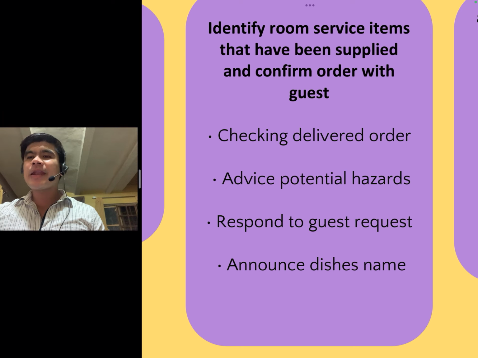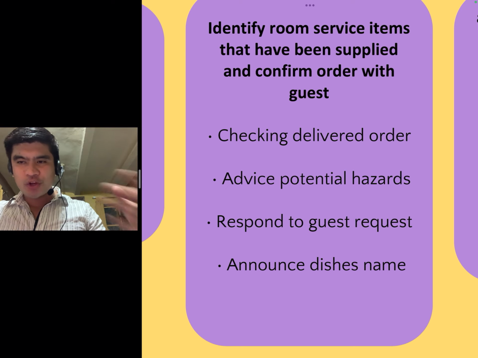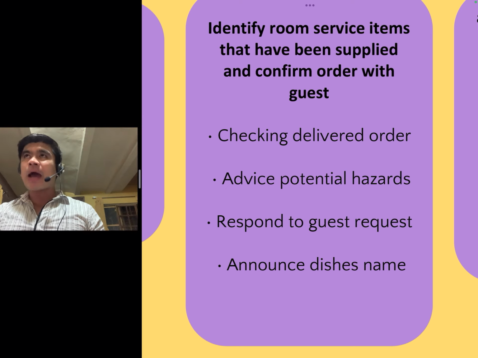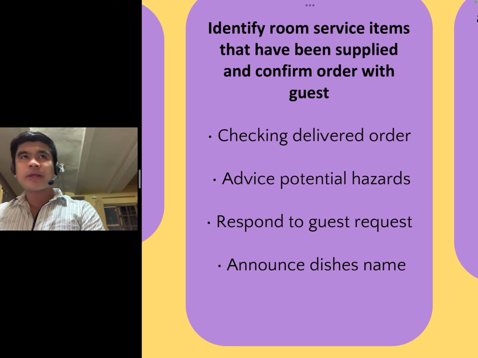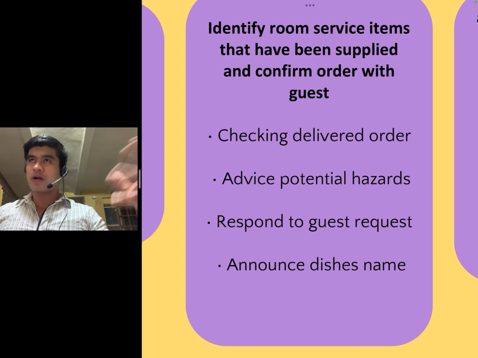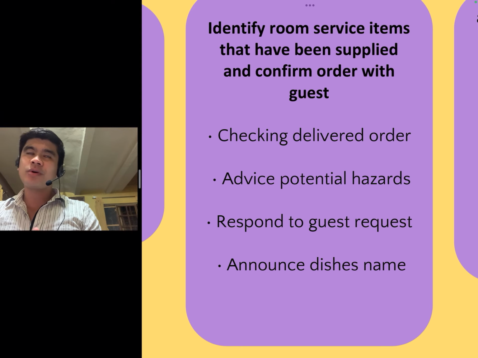Okay? Announce the dish's name. Whenever you're there, announce to the guest, here's your breakfast, continental breakfast. It comes with the croissant. You have some Danish and pastries. And along with this, you've ordered a coffee and one cappuccino, two tomato juice, and one orange juice.